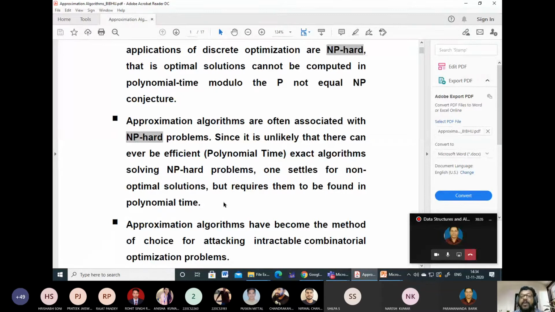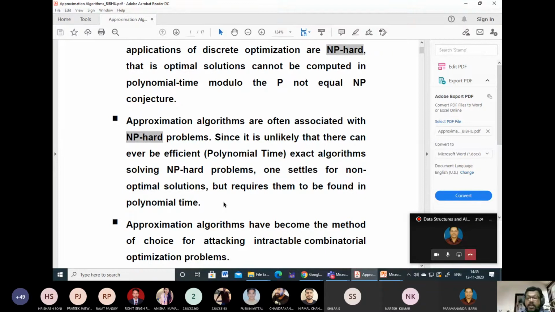Please remember, we always try to have a polynomial time algorithm, because its complexity can be calculated, but the quality of the solution may or may not be optimal. And again I repeat, if I prove that the lower bound of the problem is equal to the complexity of the algorithm, then that solution becomes optimal.